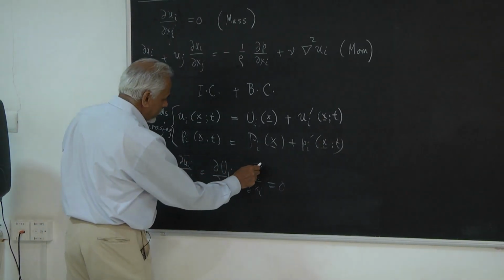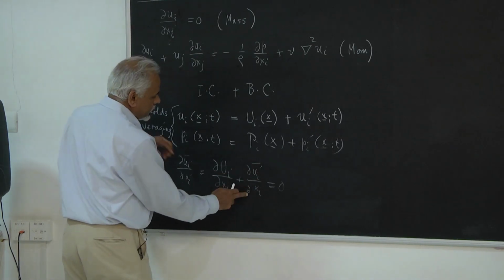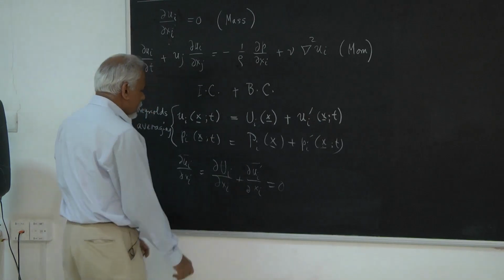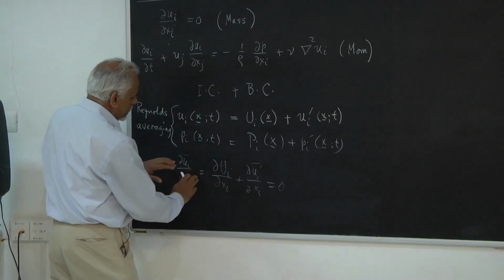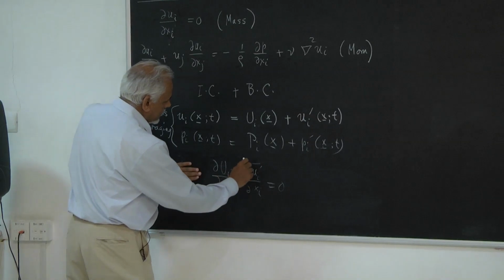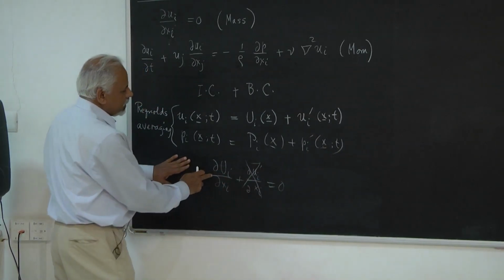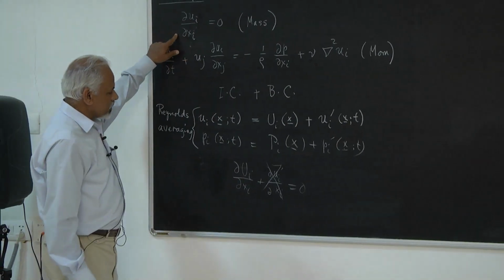You will have a thing like that, and this will be 0 because the average of the fluctuation is 0. So basically, I have this term 0, so dUi/dxi equals 0. That's the mean also satisfies the same equation.